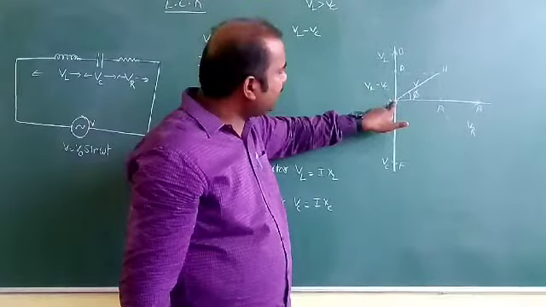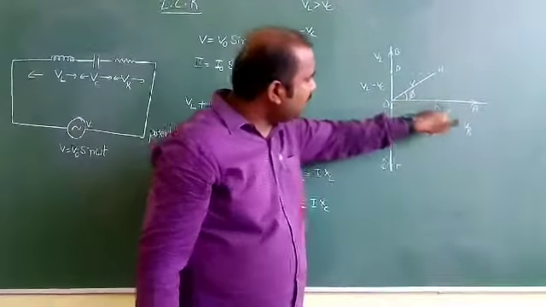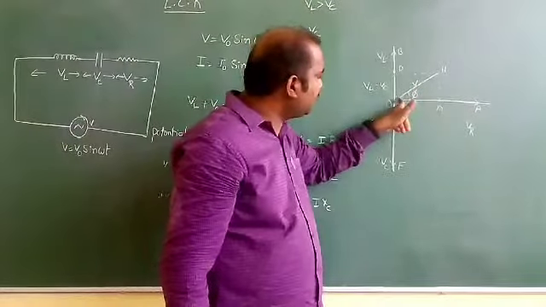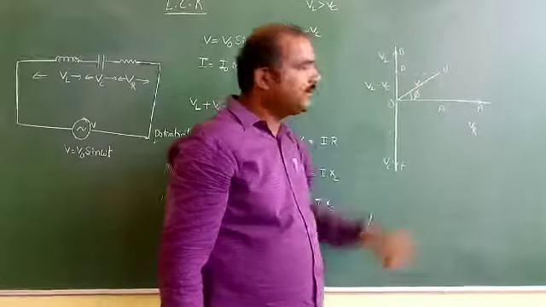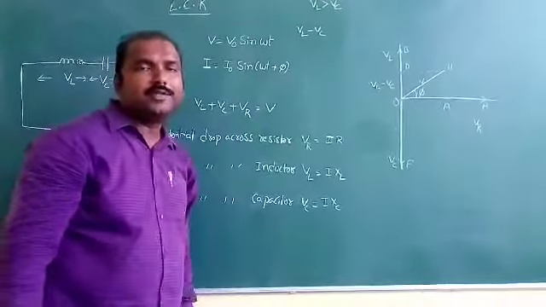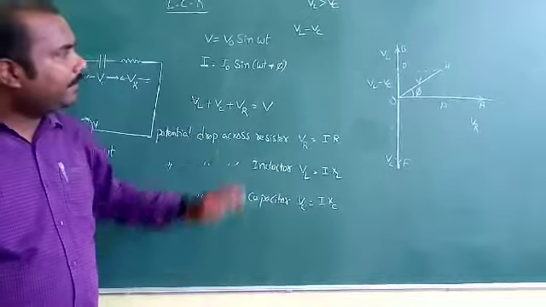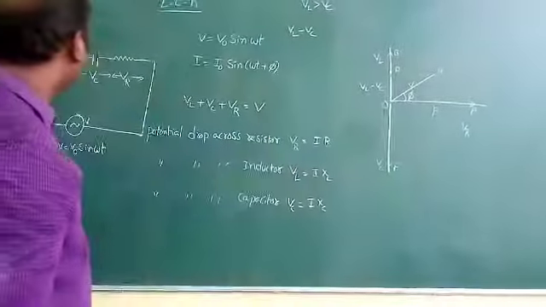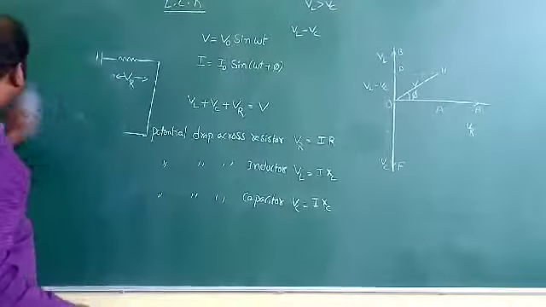Now this VL minus VC is acting in this line, VR is acting in this way, and the resultant of VL minus VC and VR gives OH. Now that thing we can find out by using that graph. See?